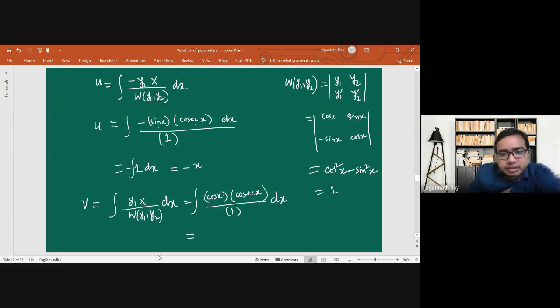So here it is cos by sin, which is cot x, into dx. So this is nothing but log of sin x.